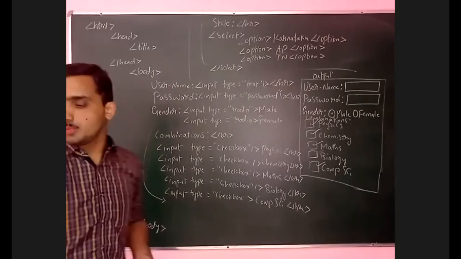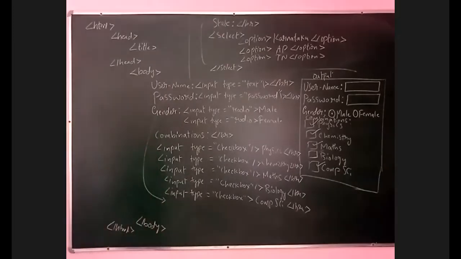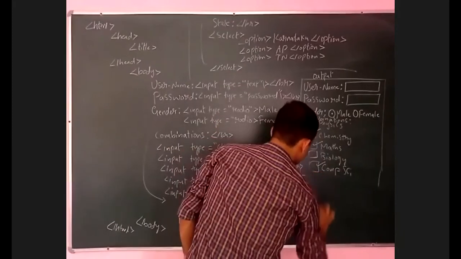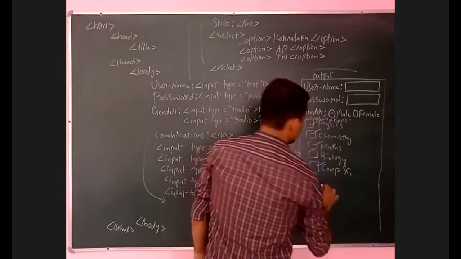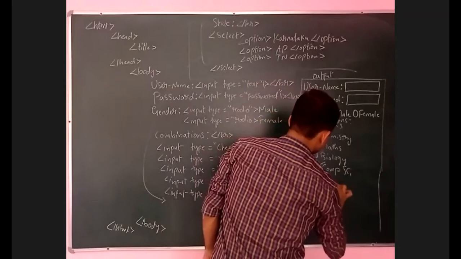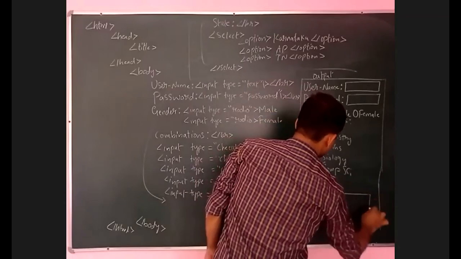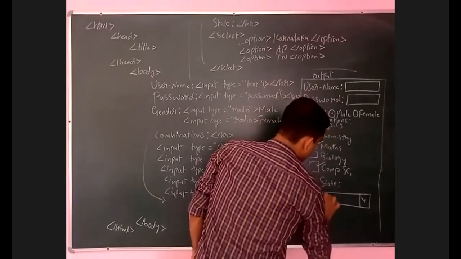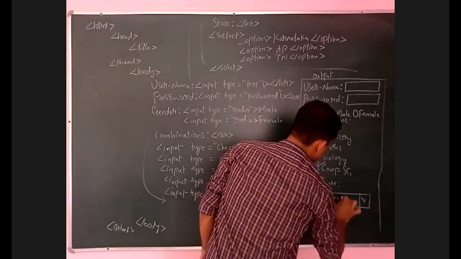See, in the output, what happens on the browser. After the completion of these combinations, it will display the word state. By default, the first one will be selected.